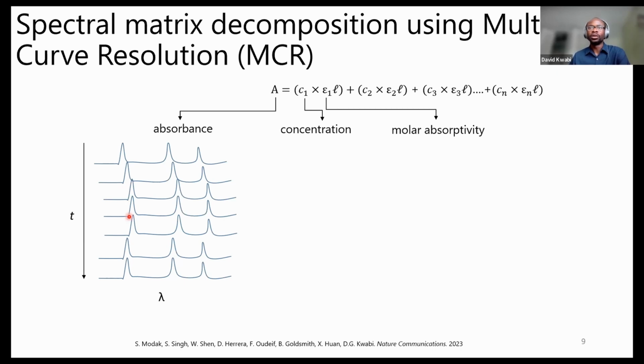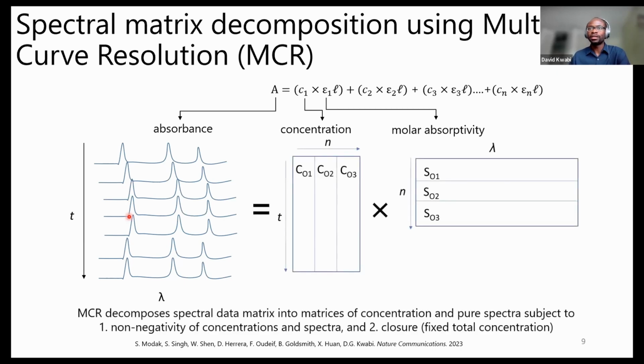Okay, so it turns out that you can express this matrix in terms of two submatrices, a concentration matrix, where n here is the number of unique components in your system, and a molar absorptivity matrix, which contains the pure spectra of each species present. Okay, so this is really just a matrix representation of Beer-Lambert's law.